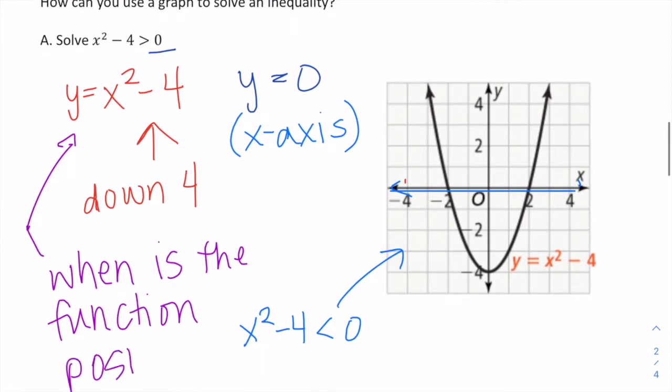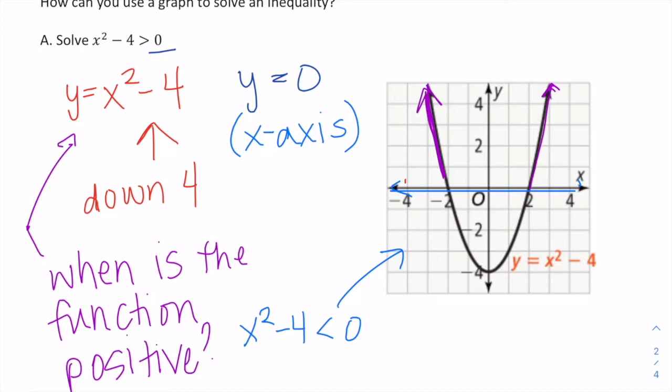Remember when we were looking at positive intervals? We're looking at when that y value is positive, or above the x-axis. And we can kind of see right here, it's on this side, right? Anything that's left of -2, and then also on the right side, anything that is greater than 2.